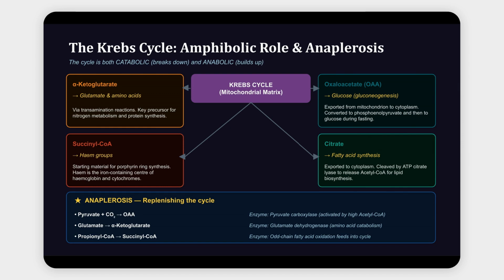Succinyl-CoA is a starting material for heme synthesis, the iron-containing group at the center of hemoglobin. Oxaloacetate can be exported from the mitochondrion and converted to glucose by gluconeogenesis. Citrate can be exported and used for fatty acid synthesis in the cytoplasm.